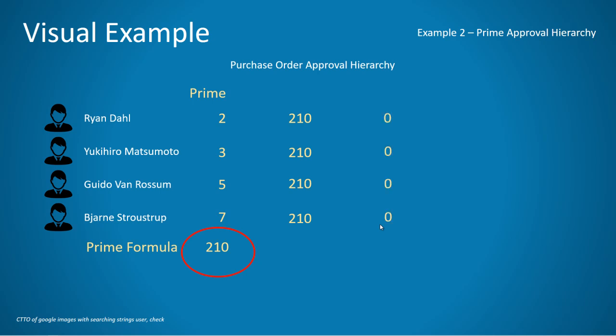Then how would you identify if the approver is the current one or is the assigned approver for the purchase order?